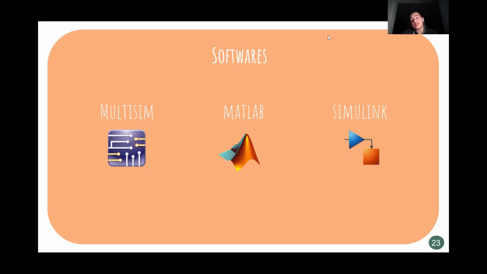It also has an advantage over Multisim and MATLAB: it has the tune tool, which helps you to not move the values for the controller by yourself, but proposes values that best fit your system to obtain the answer that you want. So that's a big advantage of Simulink.